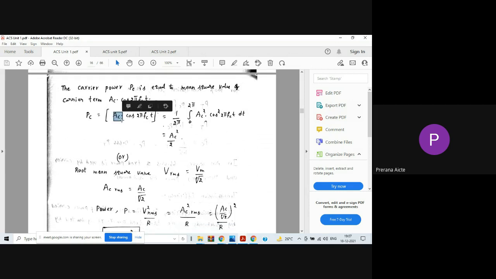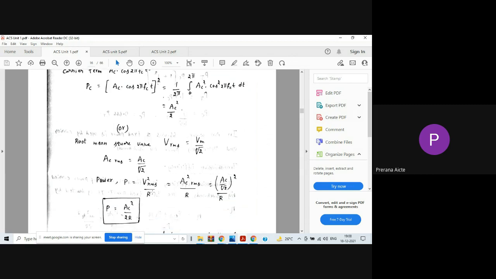The maximum amplitude of the carrier signal. How do you represent it in terms of the root mean square value? Vrms equals Vm by root 2. We know, right, the root mean square voltage value Vrms equals Vm by root 2. Similarly, Ac is the maximum amplitude of the carrier signal, so Ac rms is nothing but Ac by root 2.